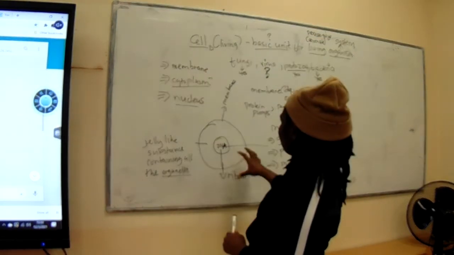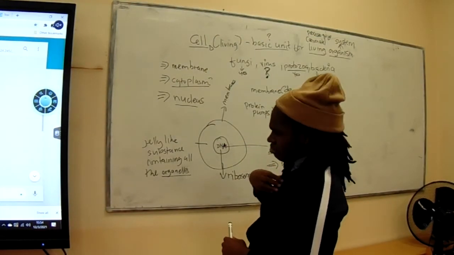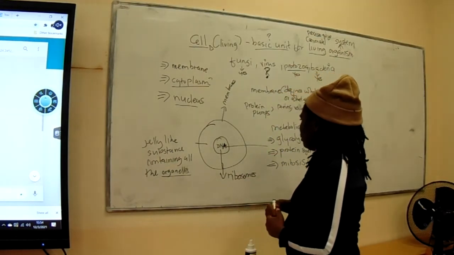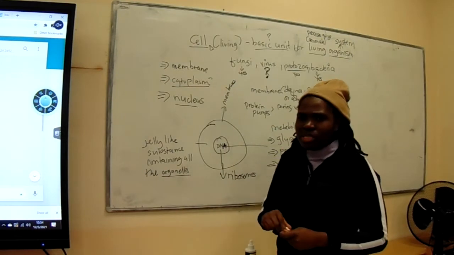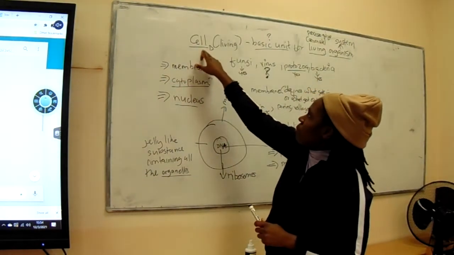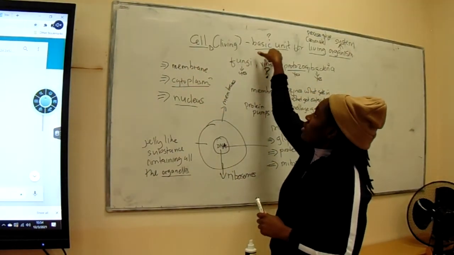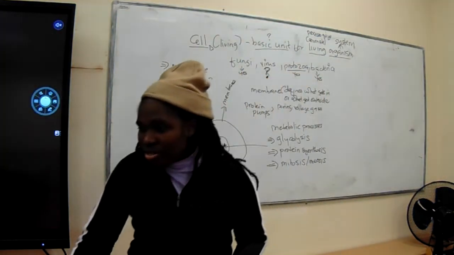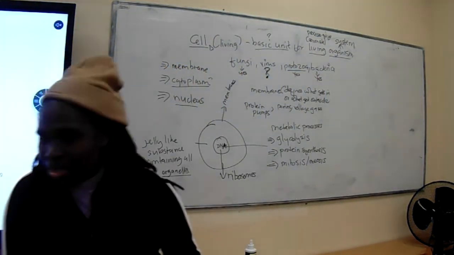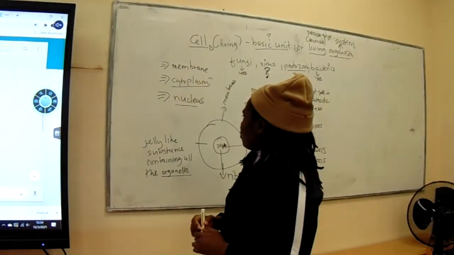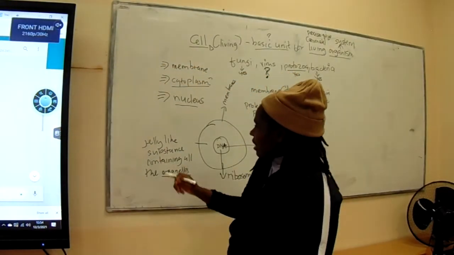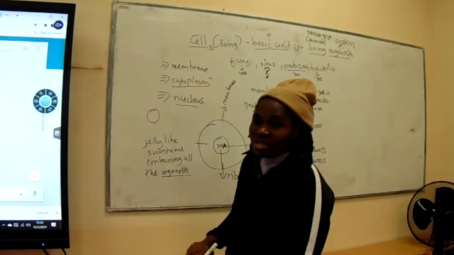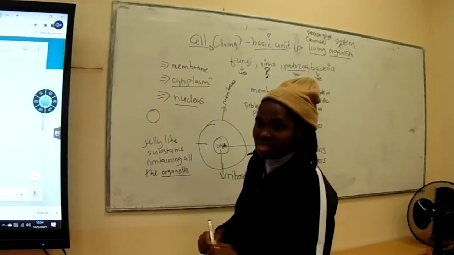So now that we have defined that, the other thing that I need to touch on is why DNA is important. We say that the basic unit of living is a cell. So in other words, this is what we start off with. As far as life is concerned, we start off with an egg, right?